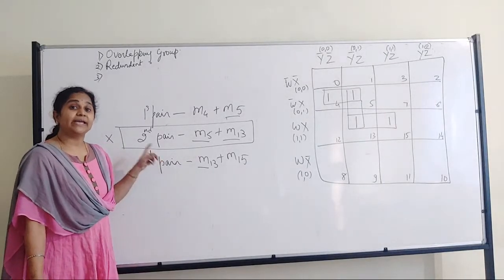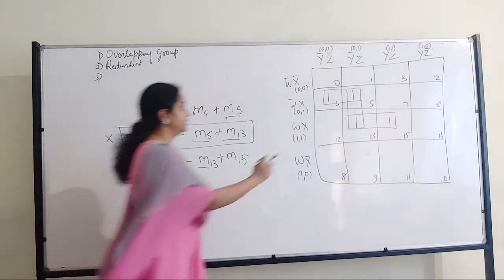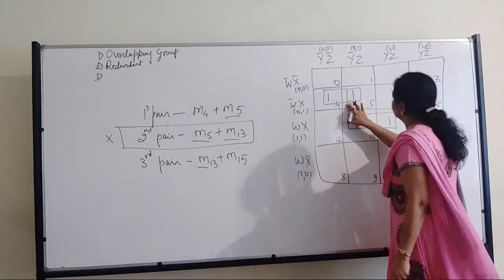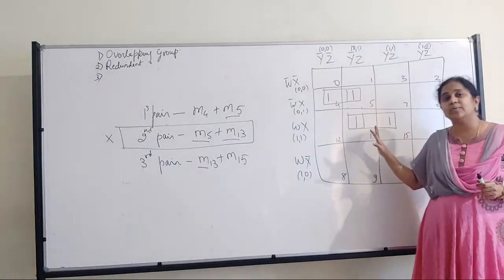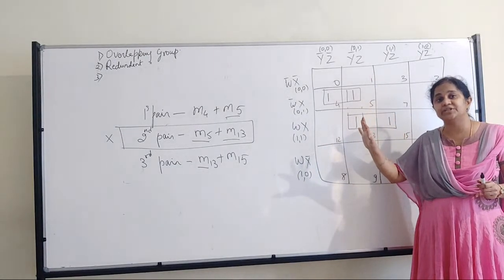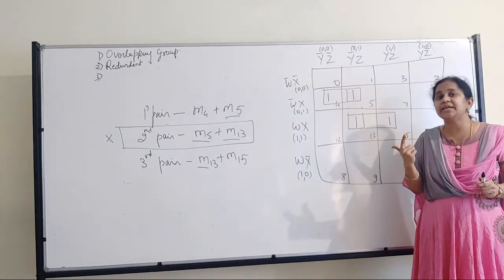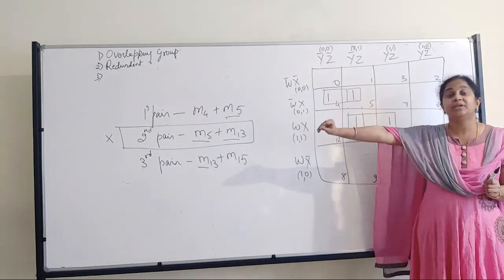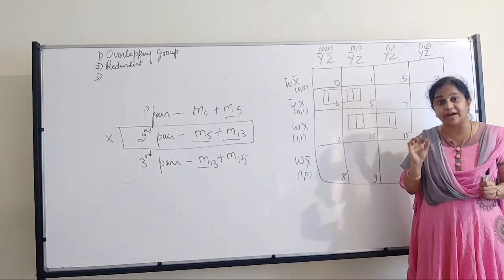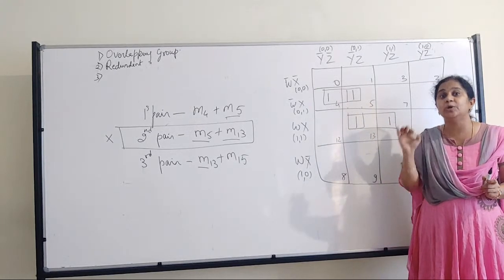What if I eliminate my second pair? That is this one. Did I cover all these squares which were asked in my question? Yes. Did I miss any block? No. So I can very safely eliminate one particular pair. Why? Because it's a redundant group.